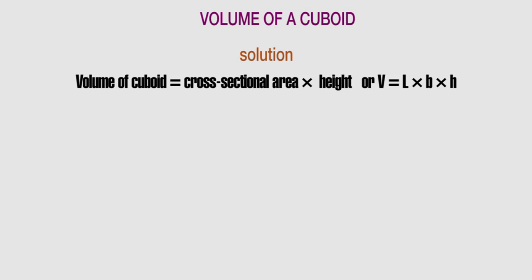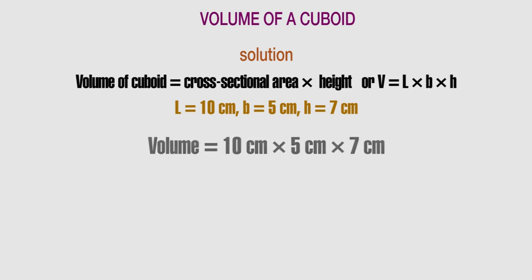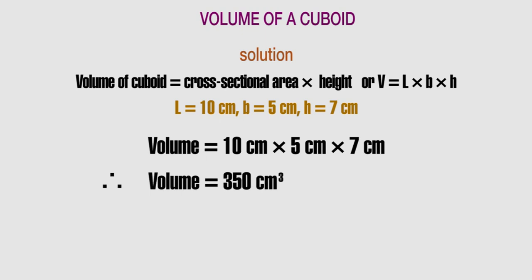So from the question, we have L equals 10 centimeters, B equals 5 centimeters, and H equals 7 centimeters. So if you substitute into the formula, we have volume equals 10 centimeters multiplied by 5 centimeters multiplied by 7 centimeters. Therefore, the volume of the cuboid is 350 centimeters cube, which is a unit for calculating volume.